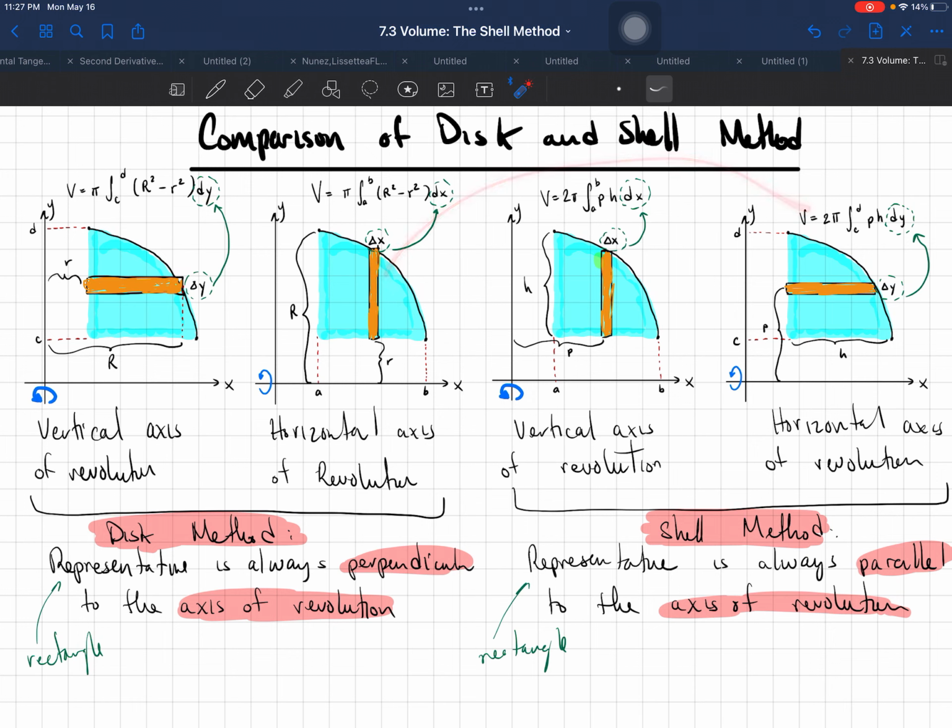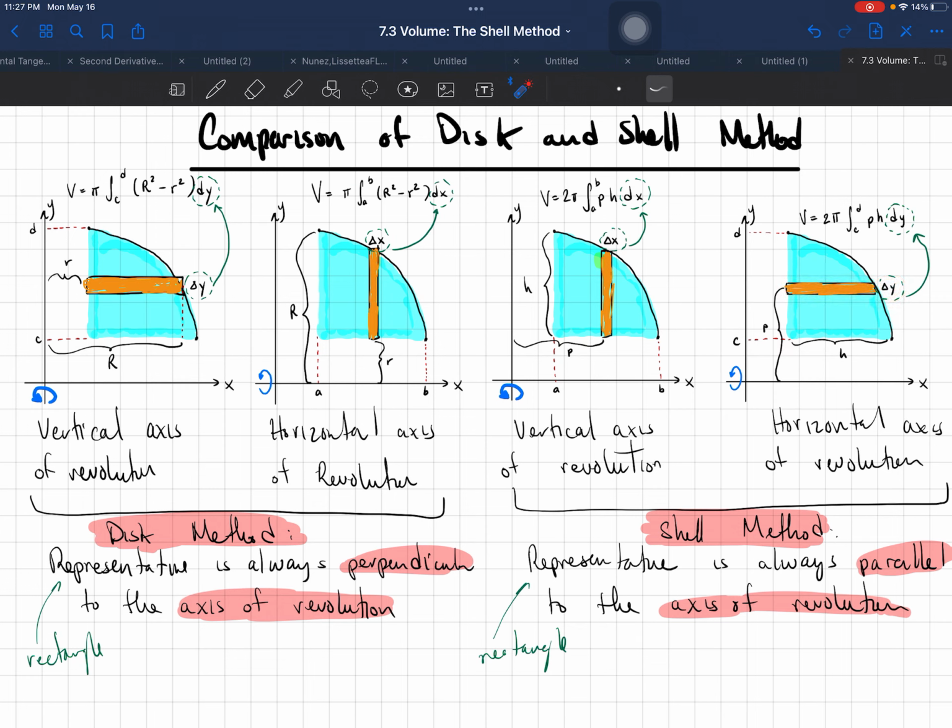So that's our disk method. Now let's try the shell method. Here's the axis of rotation. We need to create sort of cylinders, like shells. So here we go. It kind of looks like this. The rectangle is going to be laying down. Your delta y will be the width.